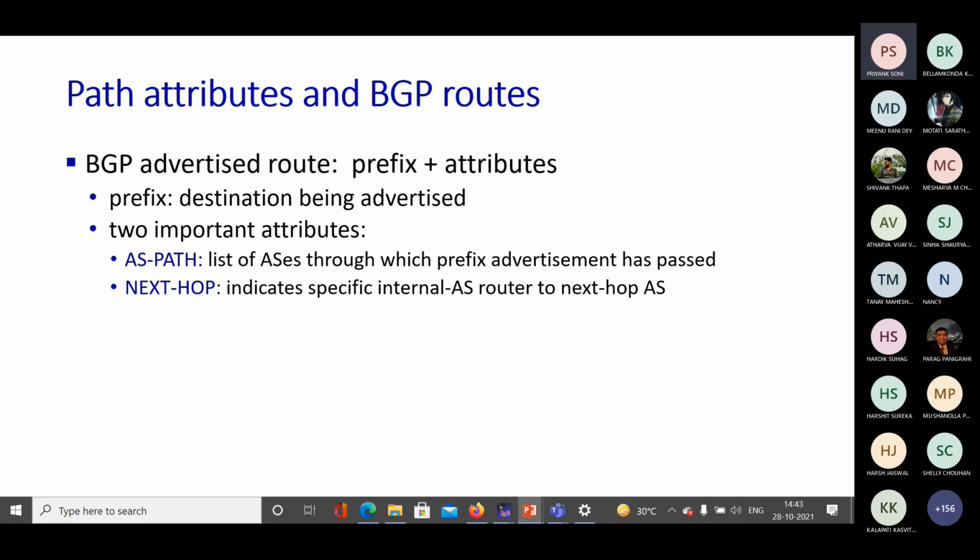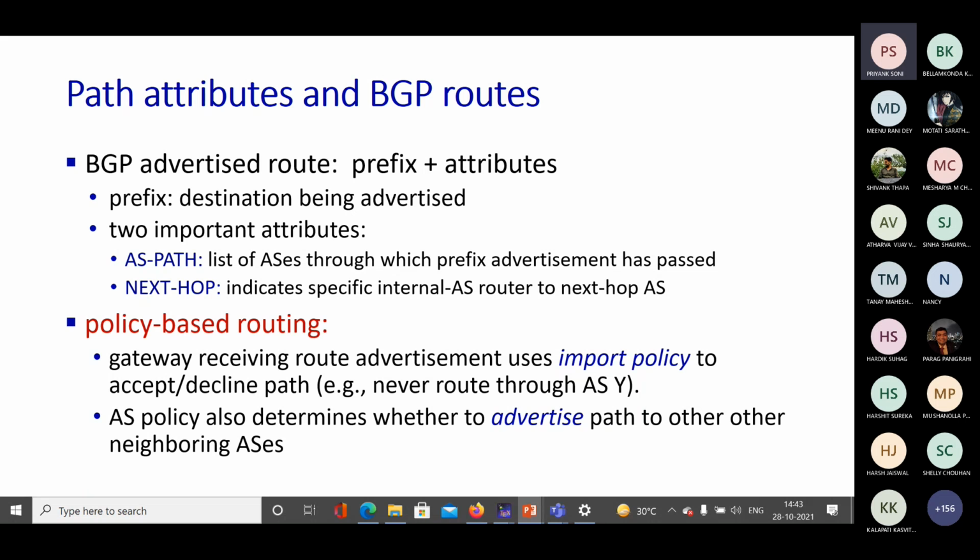So this is one set of advertisement that we are looking at, which contains prefixes plus attributes.